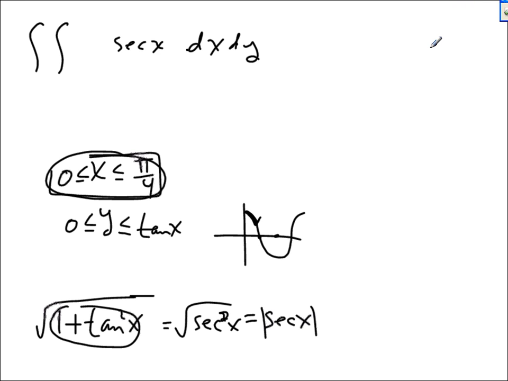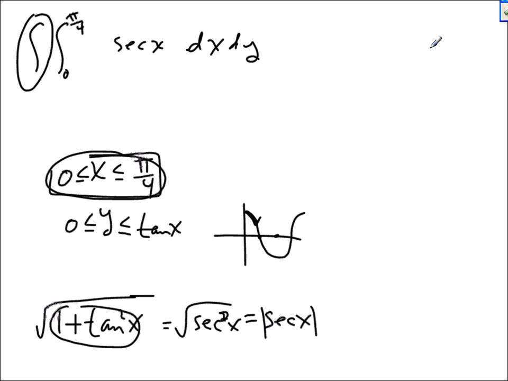Now, the biggest problem I have here is that x is just 0 to pi over 4. They told me that. Now y goes between 0 and tan x. But the leftmost integral symbol has to have just numbers. So you know what?